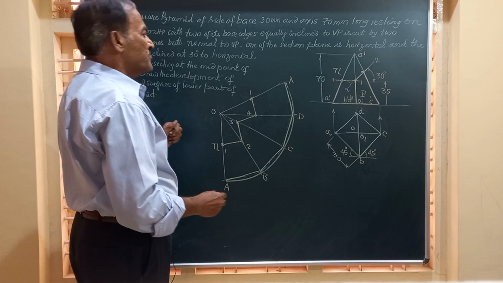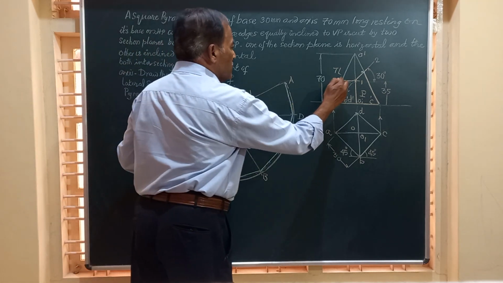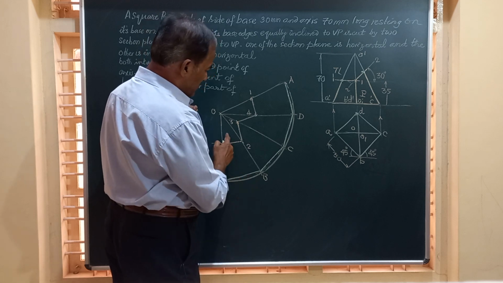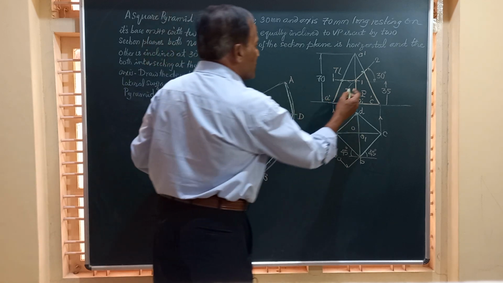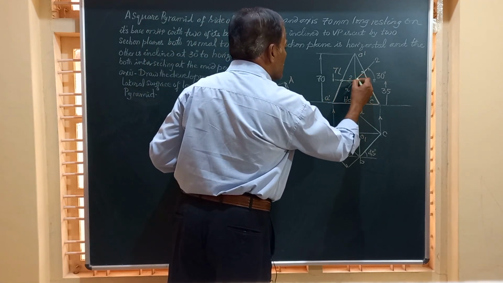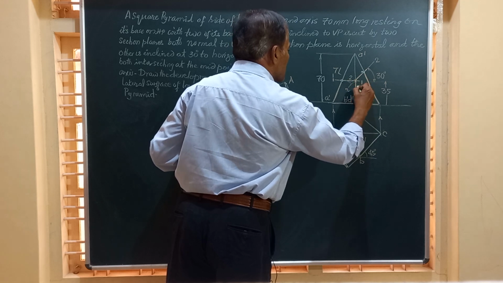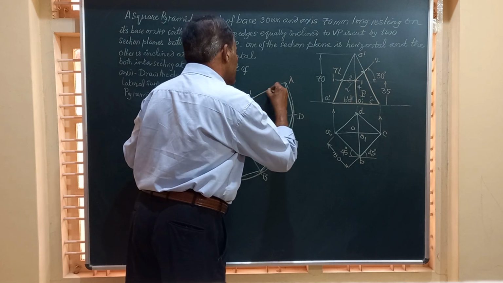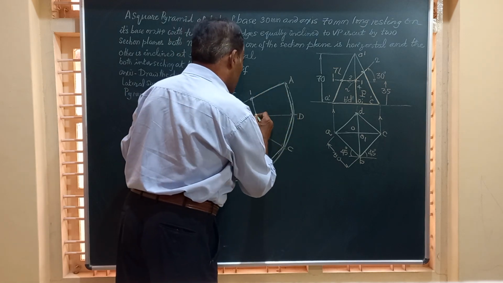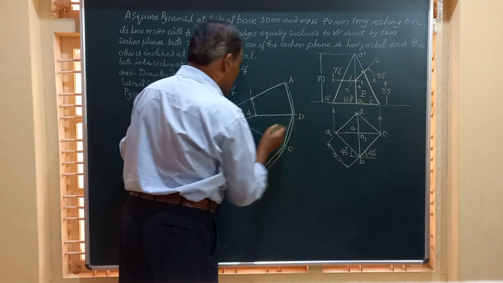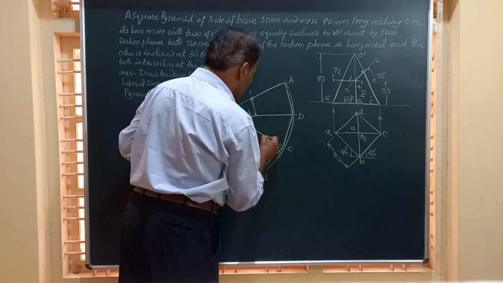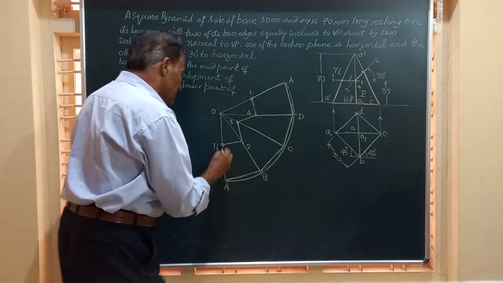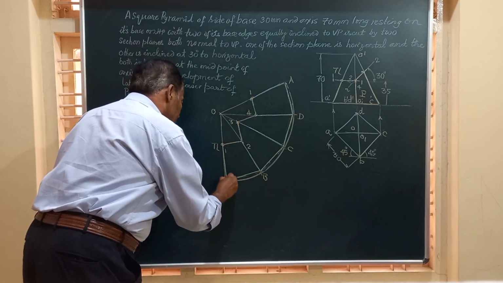So I join them, and this portion, suppose this is 1, and OB, OD are 2 and 4. This point is 2, comma 4. 1, 2, 4. So here this has to be shown by a visible line and a dark line, this by a dark line, again this by a dark line, till here, a visible line here, another visible line here.